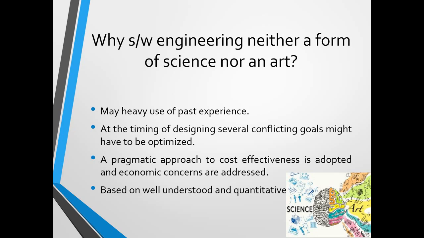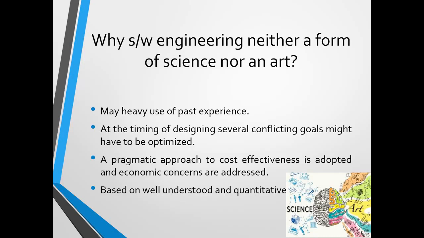So, this is the difference between software engineering and science. In case of the software engineering discipline, this is the third issue: a pragmatic approach is there. That means whatever the software developer is doing through the programs, it's a pragmatic approach, and the approach should be cost effective, and economic concerns are addressed.